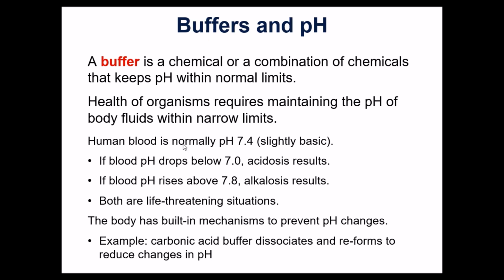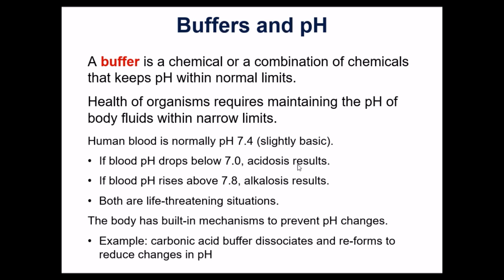The normal pH of our blood, for example, is around 7.35 to 7.45, or you could say somewhere close to 7.4. Now, that's not neutral. That's slightly basic. It's just a little bit above neutral. If that pH changes even slightly, it doesn't look like a lot, but if the blood pH drops below 7, or goes above 7.8, so even a small change in pH, you have some very serious conditions.